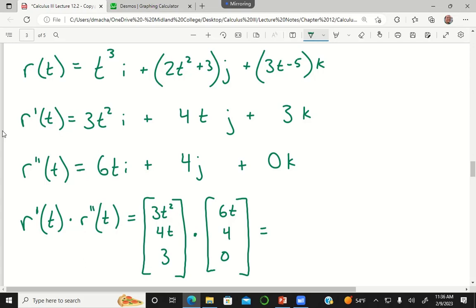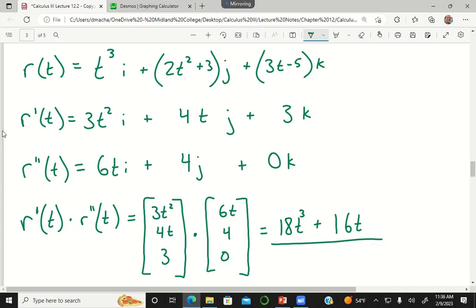So I would do 3t squared times 6t gives me 18t cubed, okay? And then 4t times 4 gives me 16t. And then 3 times 0 just gives me 0. So that is my dot product there.